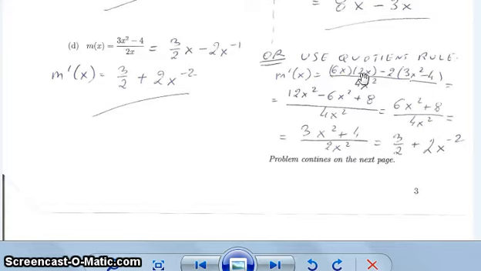You multiply it by the denominator, which is 2x, minus the derivative of the denominator is 2, multiplied by the numerator 3x squared minus 4, and then you simplify. You could have left your answer as 6x squared plus 8 over 4x squared. That's acceptable. Or if you simplified it further, it comes down to 3/2 plus 2x to the negative 2, which is the same as the other one.